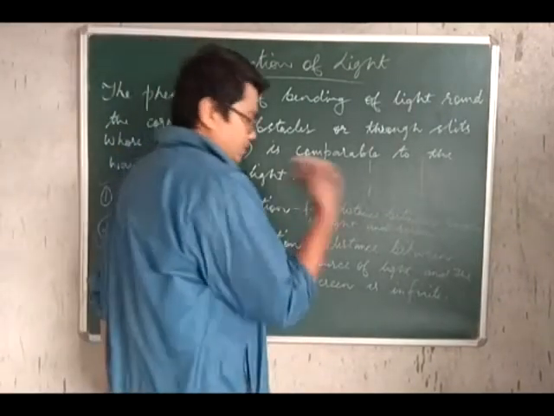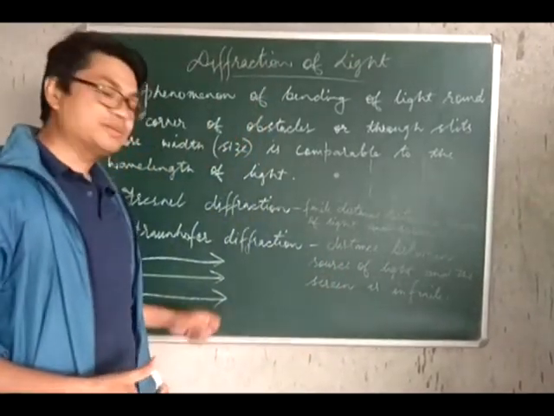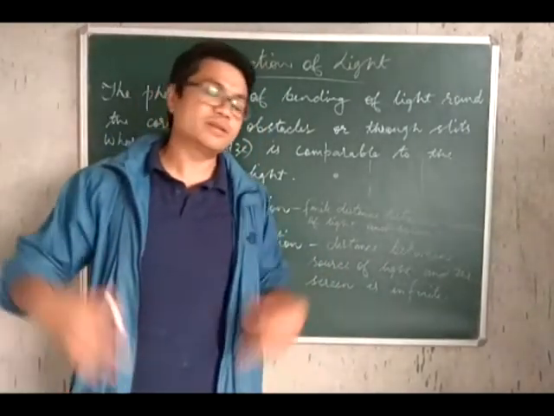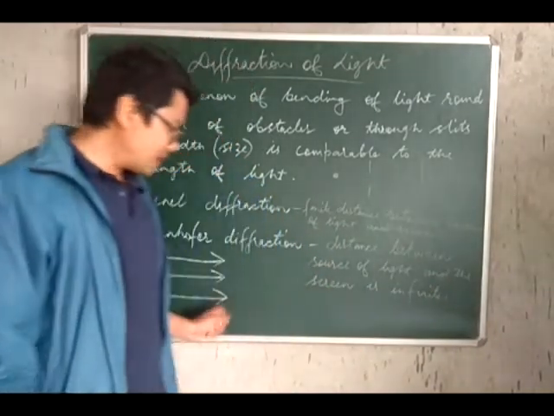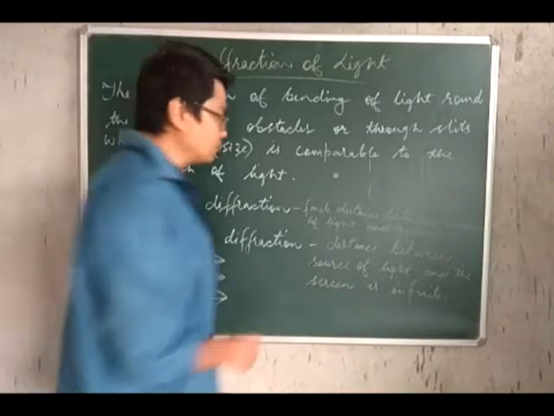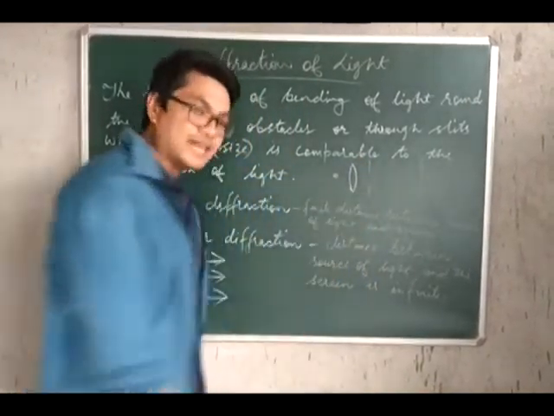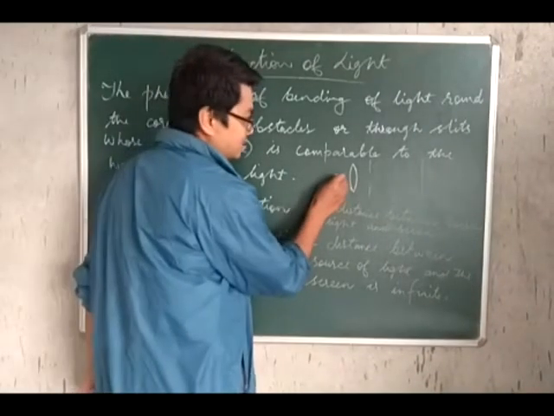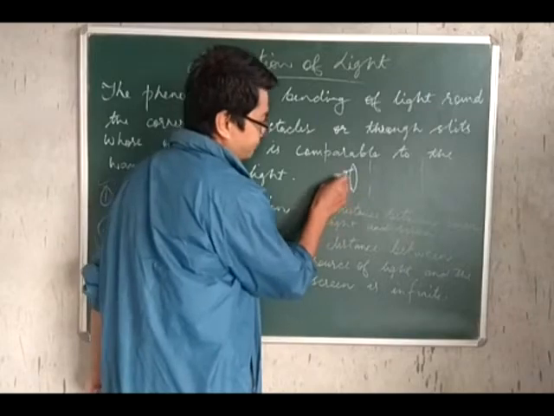If somehow we can get a parallel beam of light in the lab, then we can consider the source of light to be at infinity. Now, how do we get a parallel beam of light in the lab? What we do is we use a convex lens, such that this source of light here is giving rays of light this way.